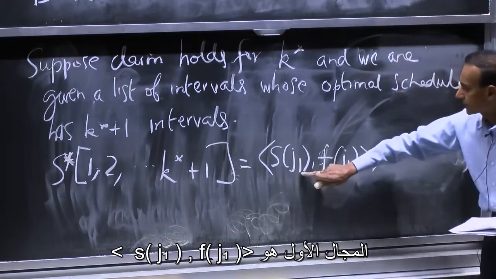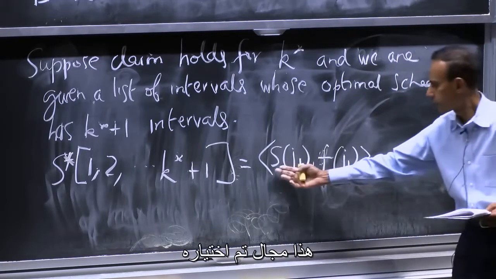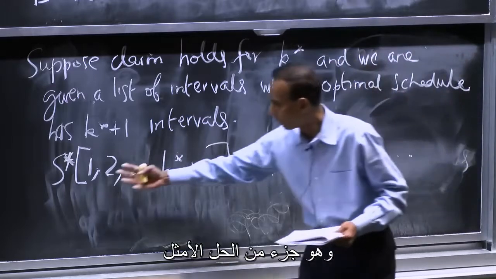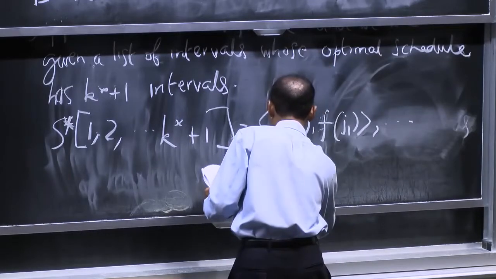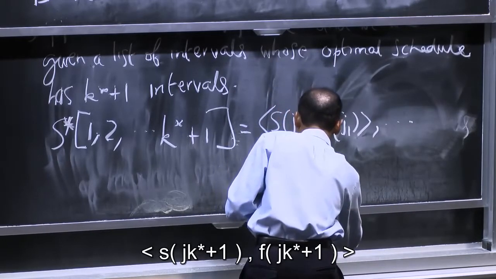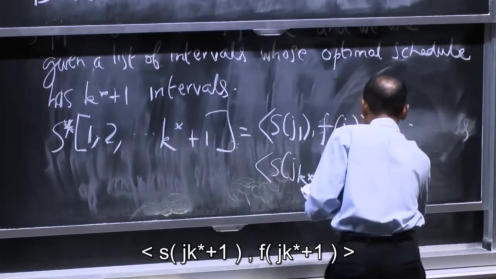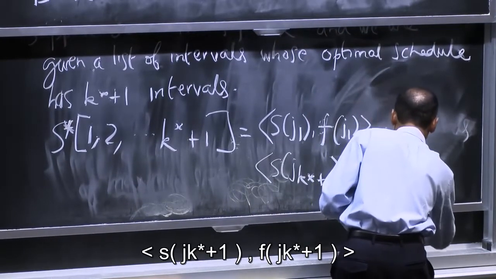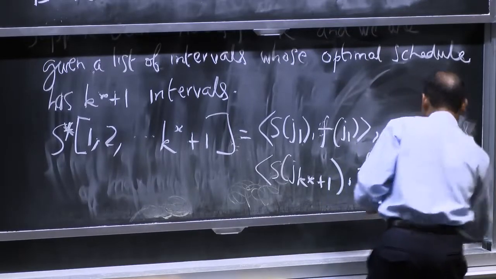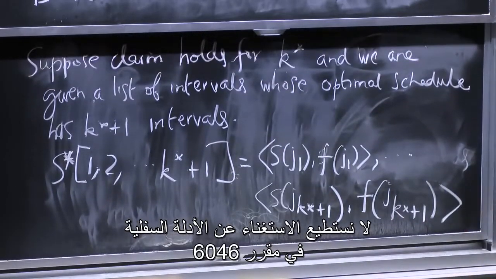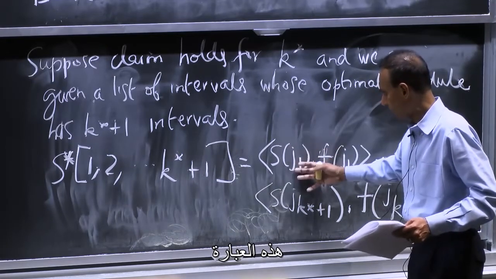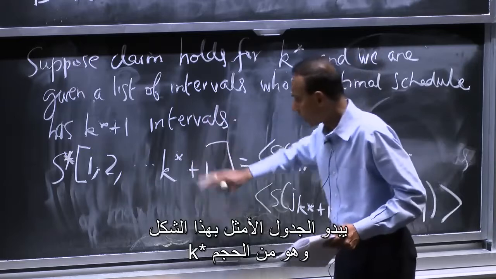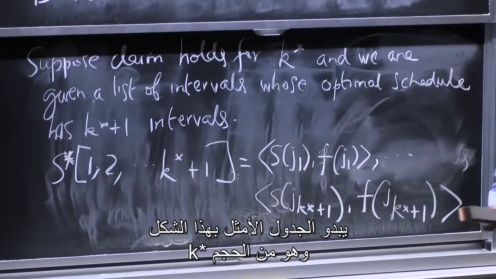So the first one is S j1, F j1. That's an interval that's been selected and is part of our optimal solution. And then we keep going, and we have S j k star plus 1, comma F j k star plus 1. Right? So no getting away from subscripts here in 046.